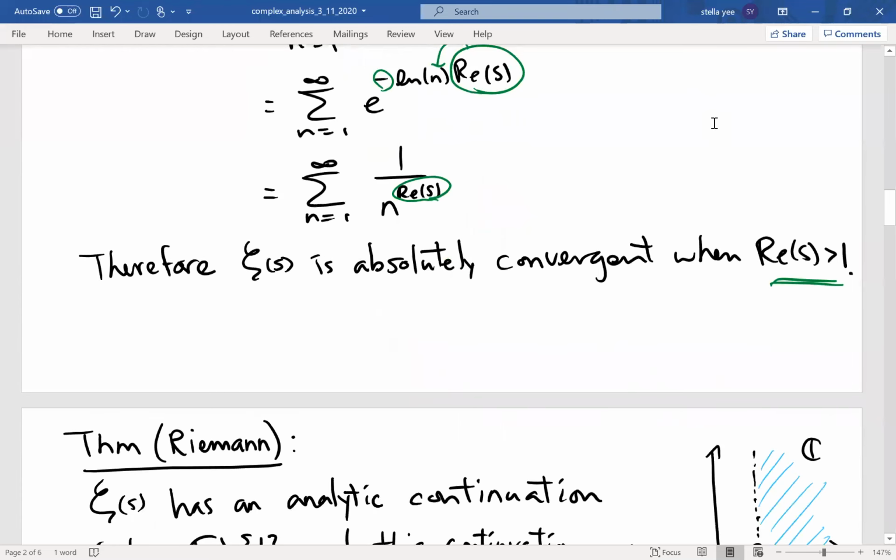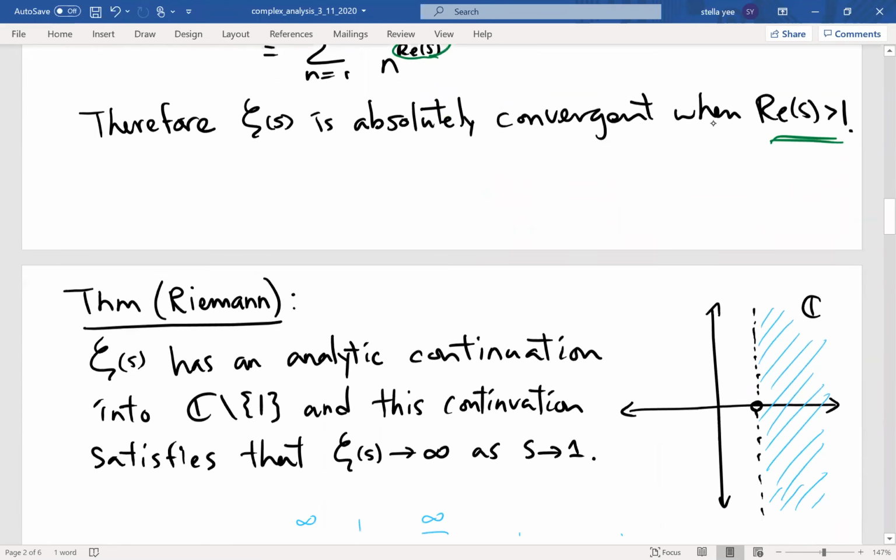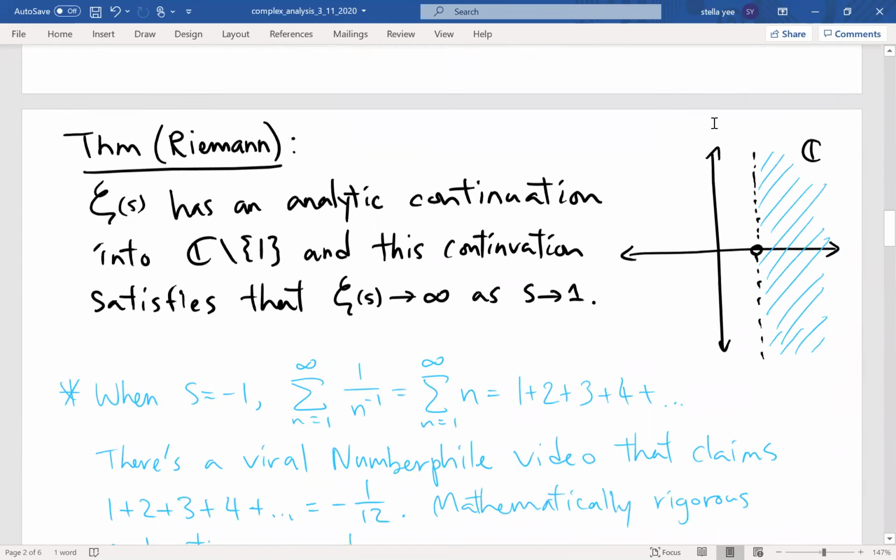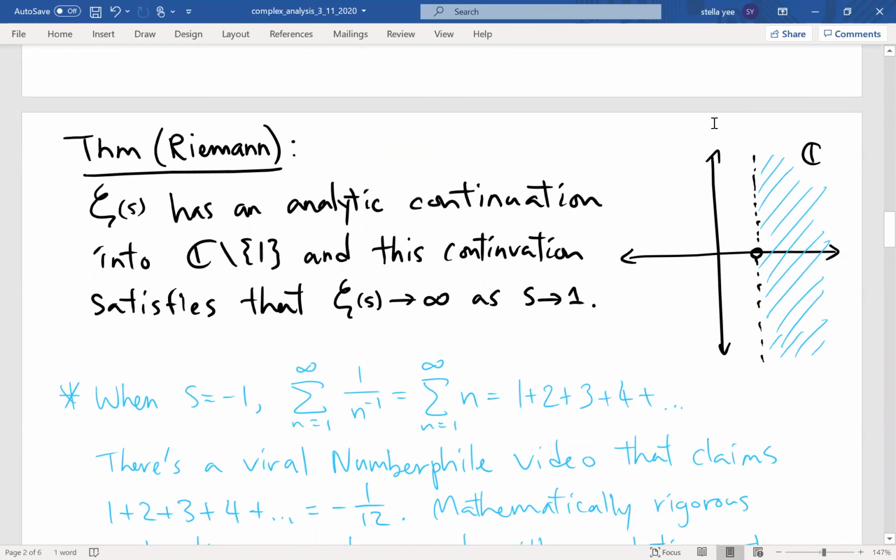Okay. All right. So let's look at Riemann's contribution to this zeta function. It turns out that this is an analytic function. So we know that the zeta function is defined for real part greater than 1. So that's the shaded region to the right there.